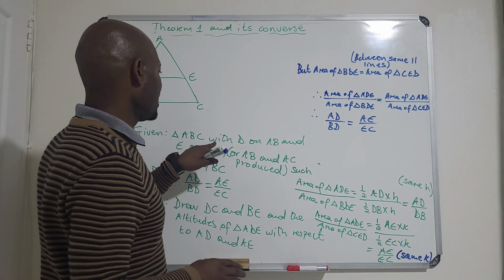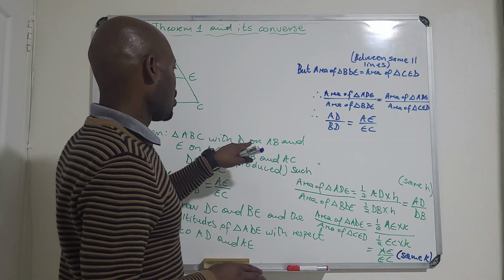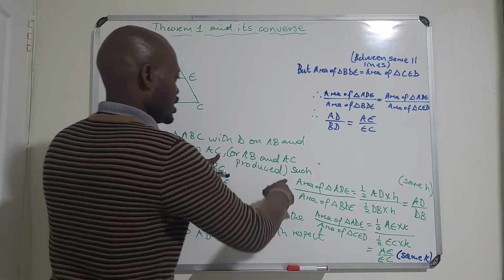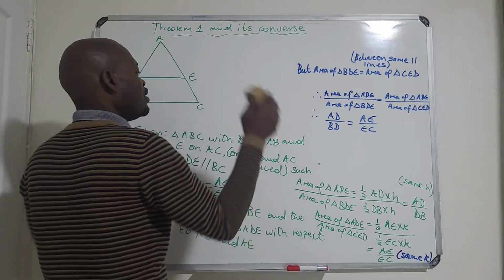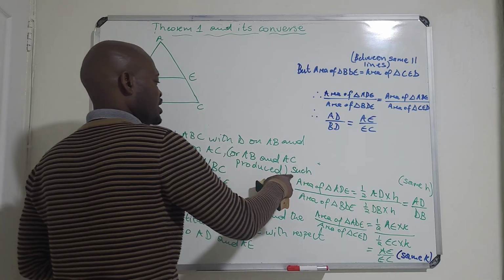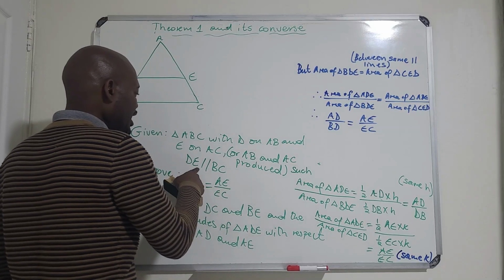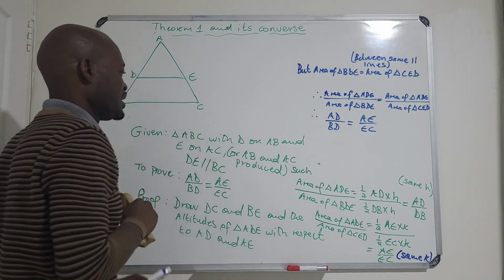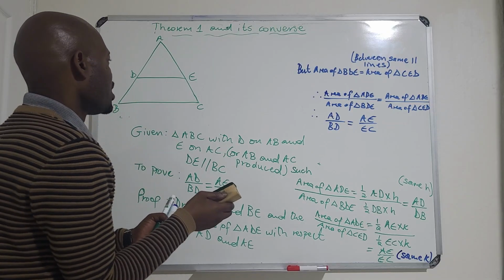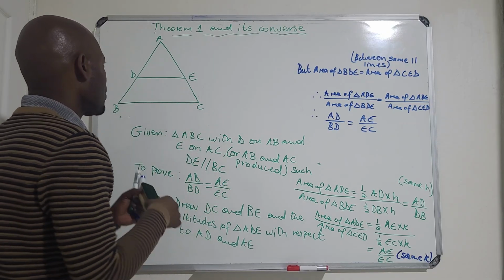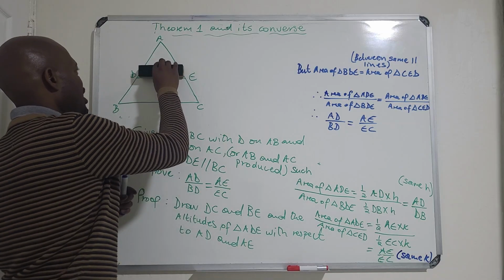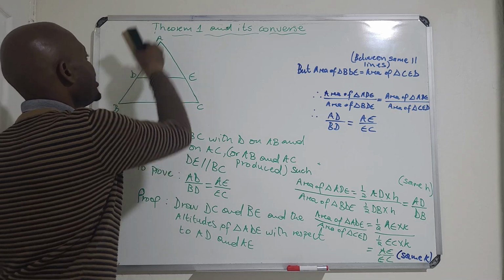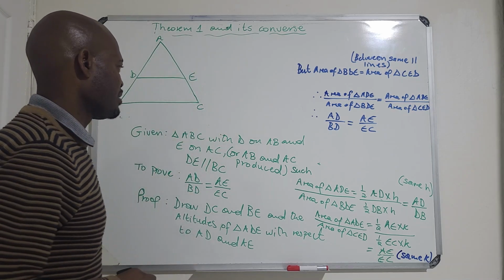triangle ABC with D on AB and E on AC. With the theorem we said such that DE is parallel to BC. It is because theorem number 1 states that if a line is drawn parallel to one side of a triangle, then it divides the other two sides in the same ratio.